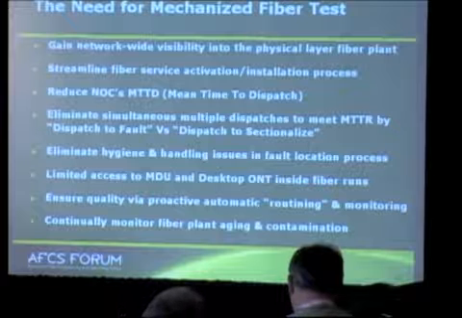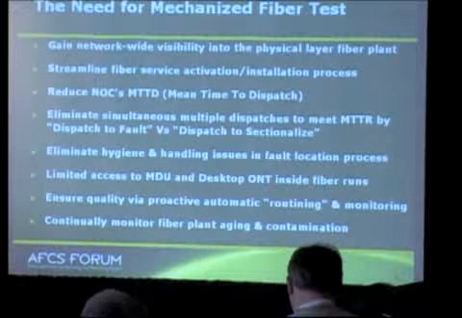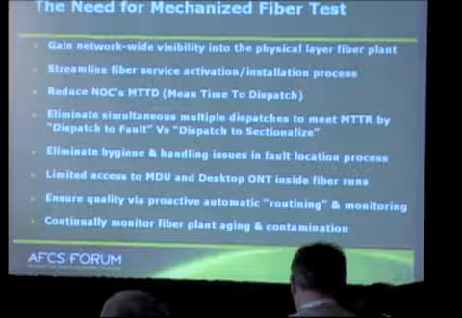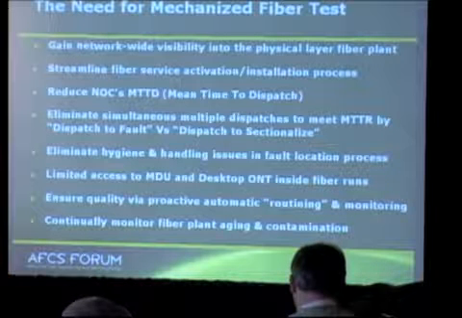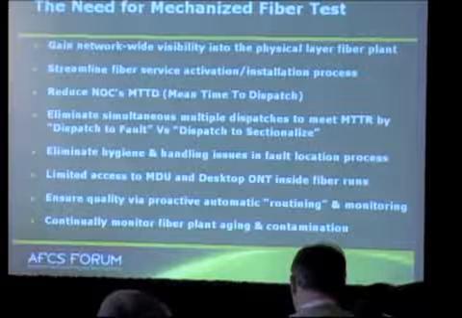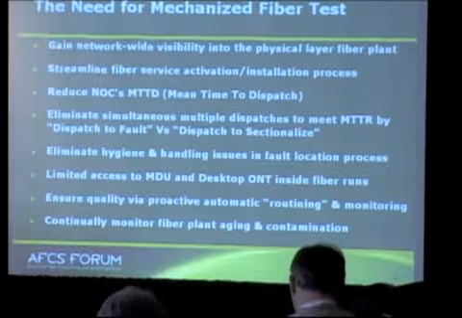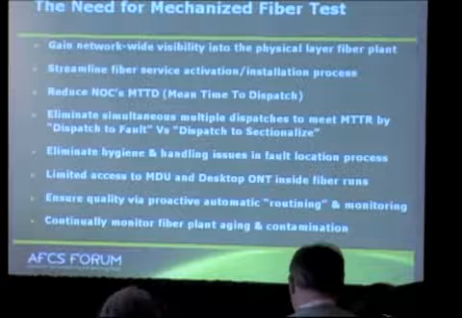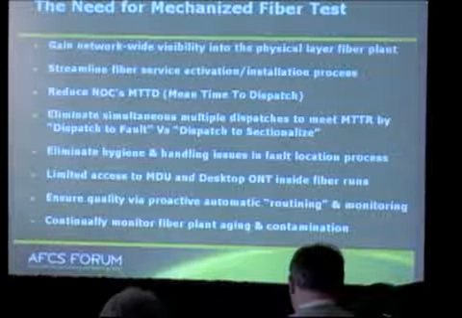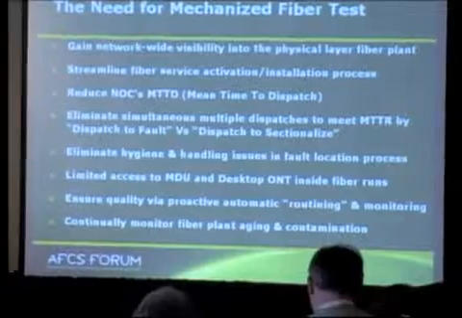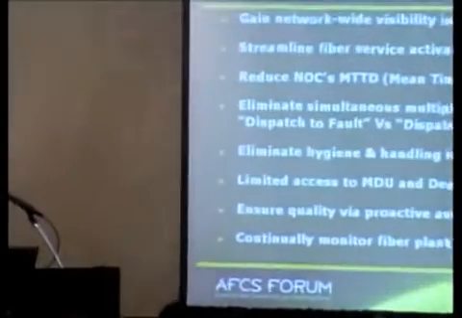And now how do you test and verify that the inside fiber is good? And making appointments, we know what that is, especially for the service providers. And then ensuring quality of service, being proactive. How do I get to see a problem before it becomes a major problem? Microbends would be a typical one, or contamination. Say an area gets flooded where a pedestal is, and that pedestal gets flooded and the connectors get contaminated. How can you find that problem?